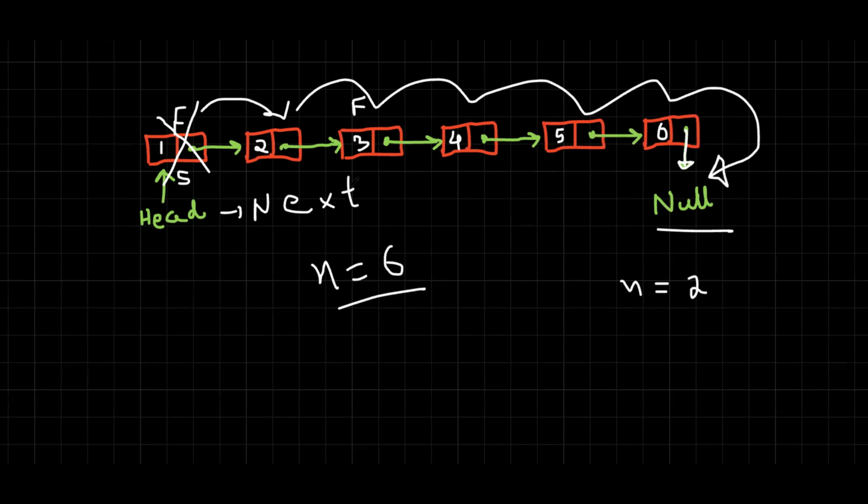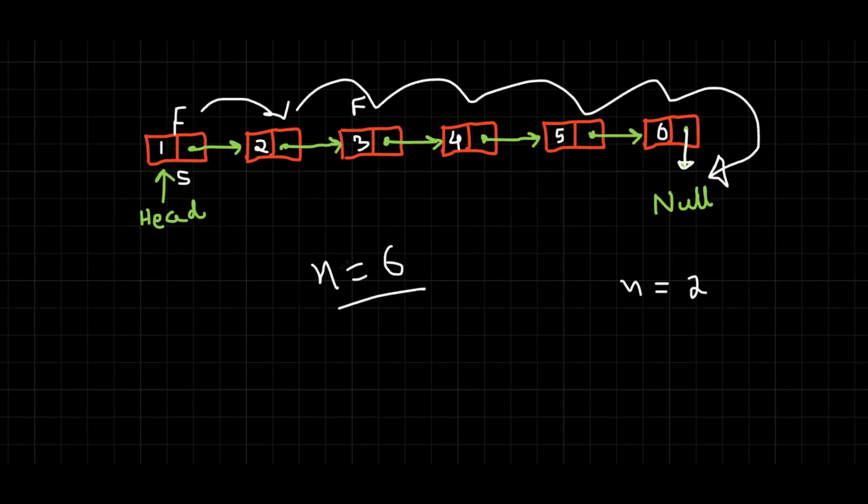So we have found 2 test cases. One is if the linked list contains one element, and another is if the value of n is equal to the size of the linked list. And if the value of n is equal to the size of the linked list, we have to discard the first element of the linked list and simply return the head of next. I hope you understood these 2 edge cases.